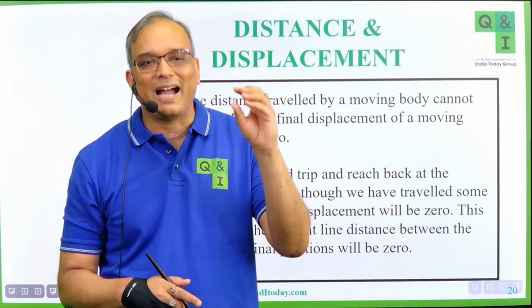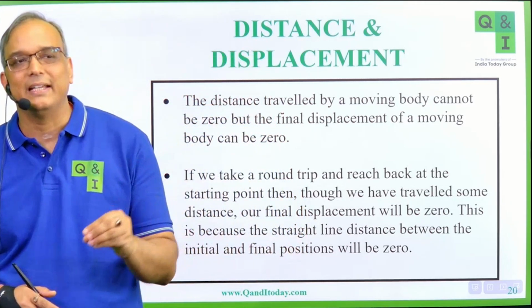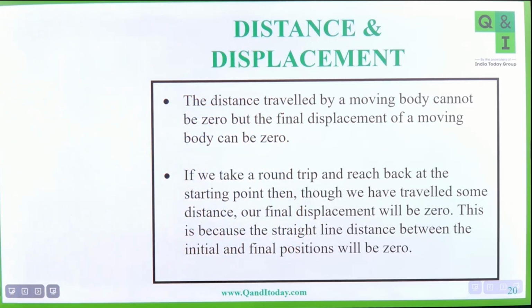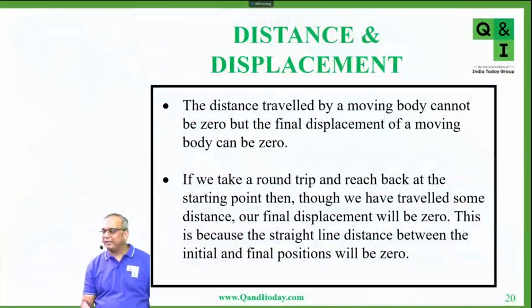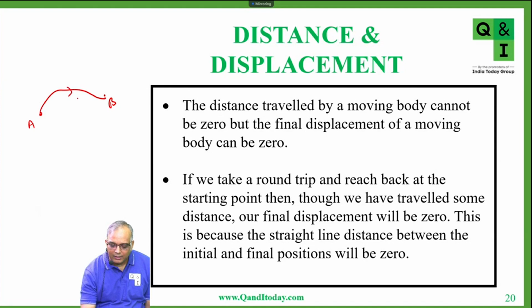If the starting and ending point is the same, then the displacement is zero. For example, let's say a body starts from A, goes to point B and then comes back from B to A.